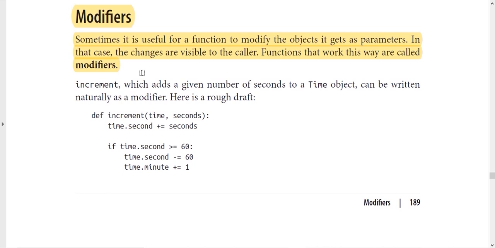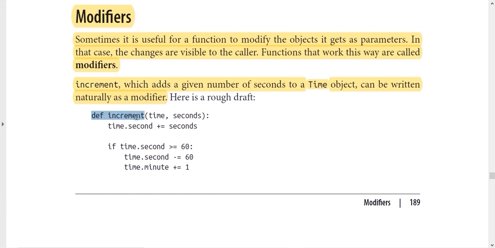Here is an example of a function called increment, which adds a given number of seconds to a time object, and it can be written naturally as a modifier. So here is a brief draft of the example. Here you can see the definition of the increment method or the modifier.